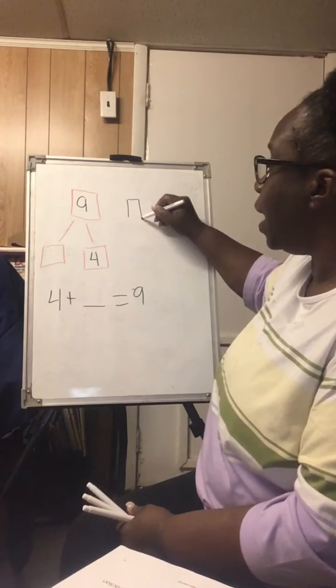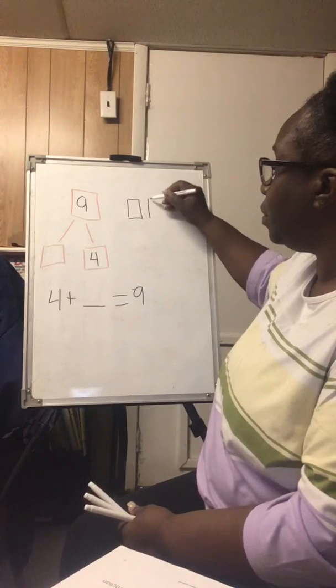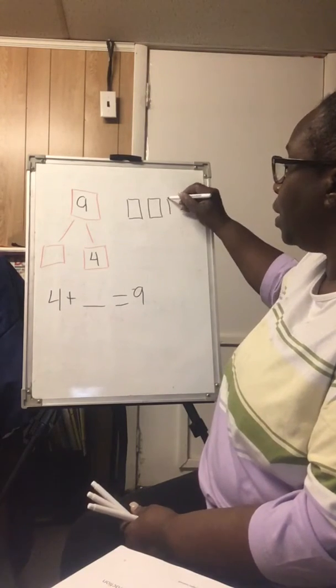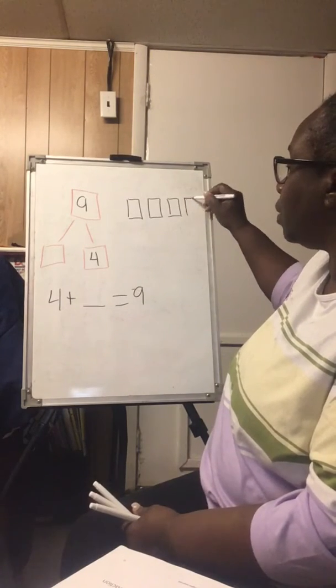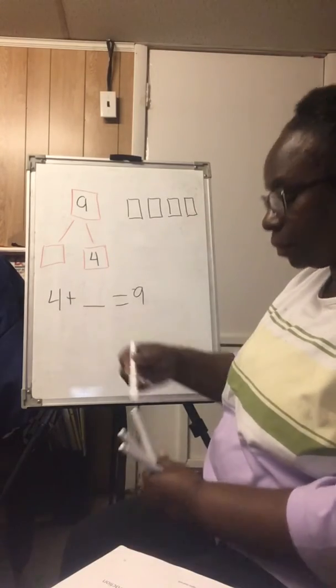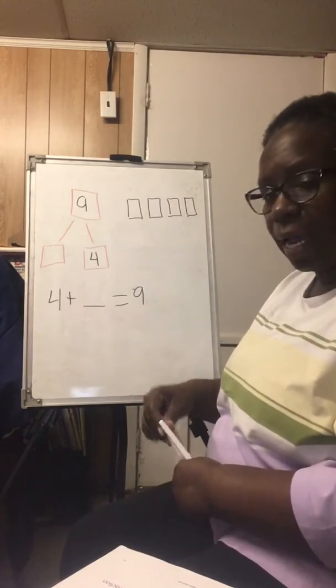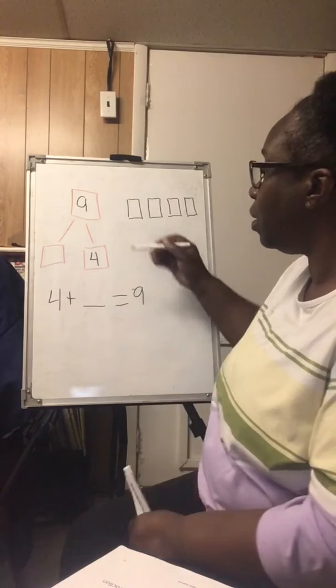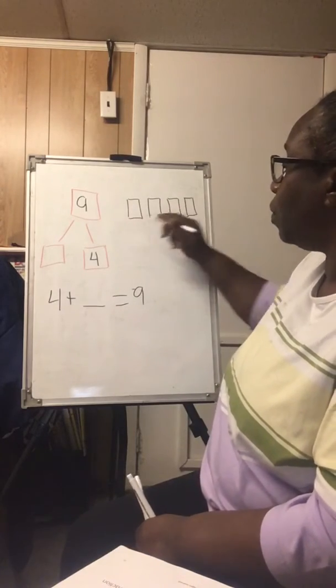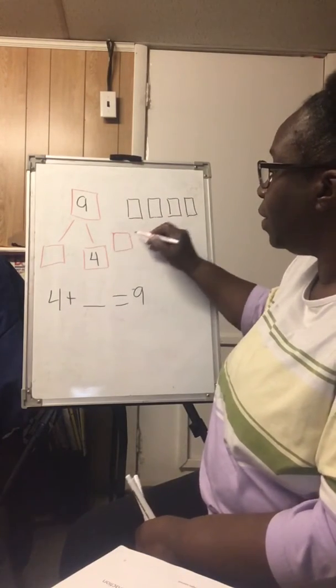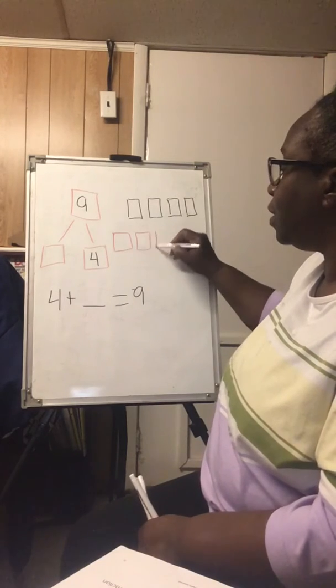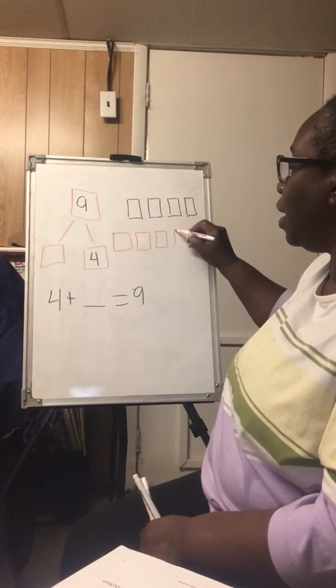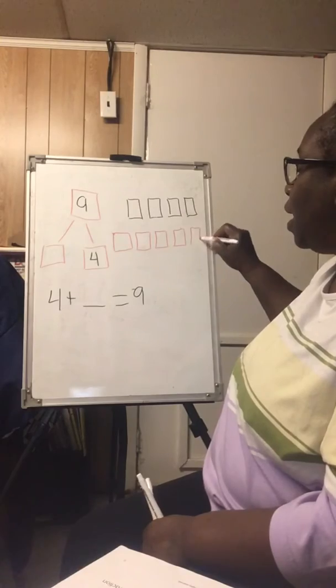We have to do 9 blocks this time. We're starting out with 4 blocks. And we're going to add on to that 4. 4, 1, 2, 3, 4, 5, 6, 7, 8, 9.